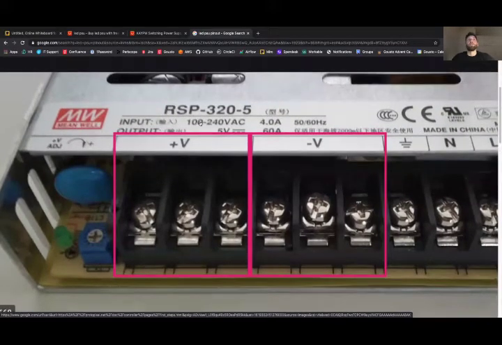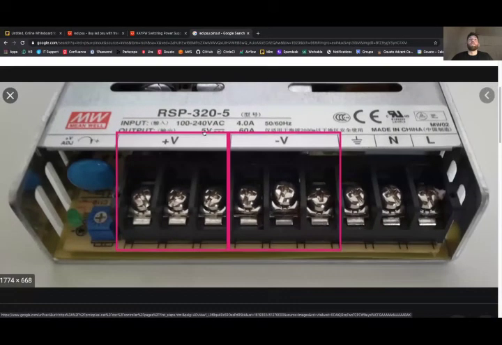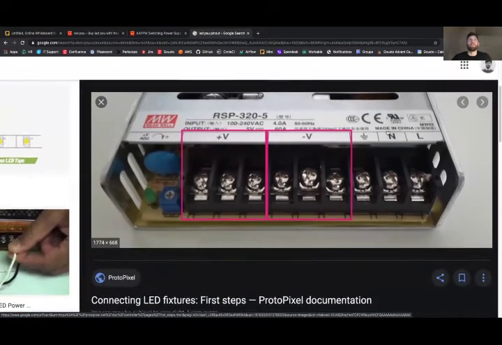So the input is 100 to 240 volts alternating current that supports lots of different nationalities which run their power grids on different voltages. It tells you what the output voltage is there, 5 volts, and it confirms that it's made in China, because all of these things are.